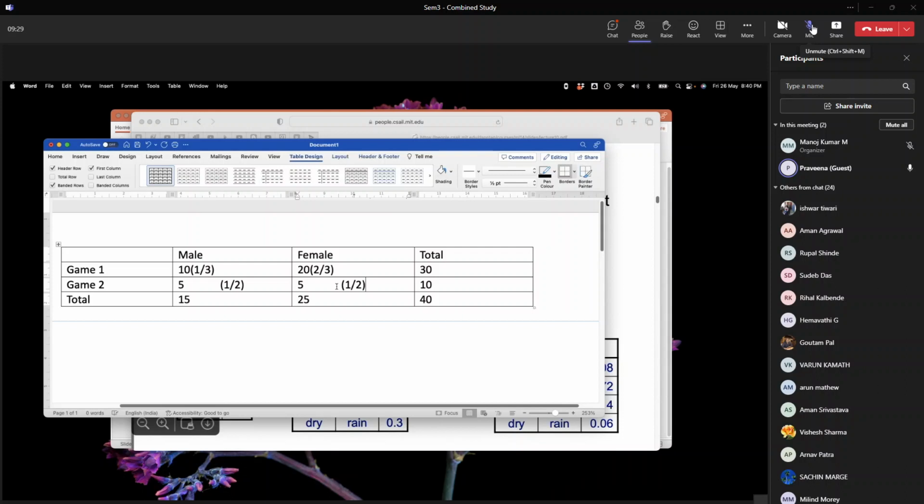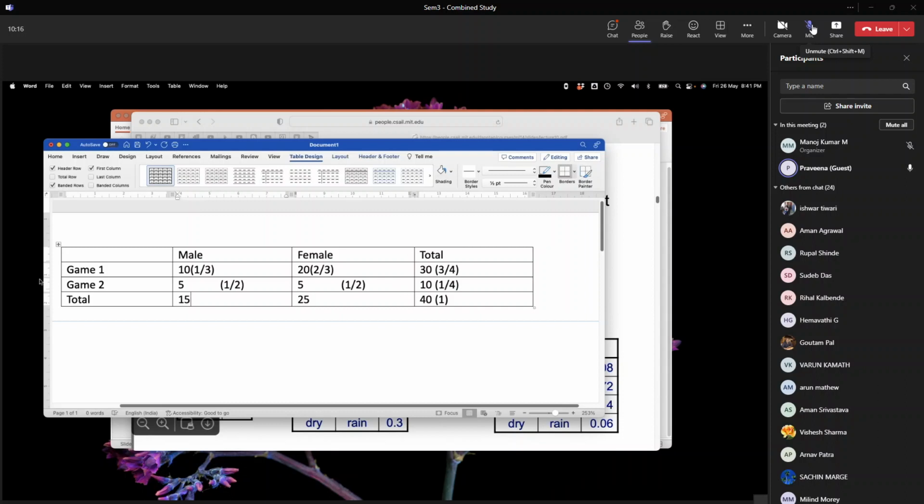If we have to write this in terms of probability, this is 3 by 4, and this is 1 by 4. These are the marginal probabilities. For example, the marginal probability of male is 15 by 40. The marginal probability of female is 25 by 40, and this is the total probability of all these instances. Similarly, the marginal probability of gain 1 is 3 by 4, and the marginal probability of gain 2 is 1 by 4.